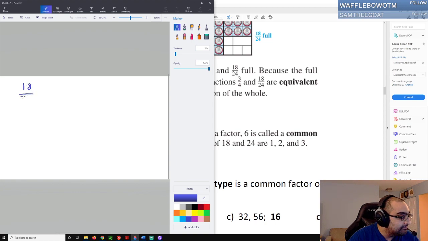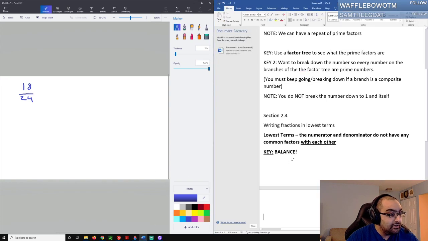All right, so what we want to do is take this and break it down into its most basic form, into its lowest terms. Now, as I mentioned here, the key thing to do is balance.